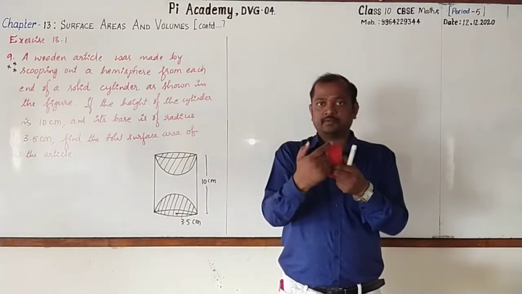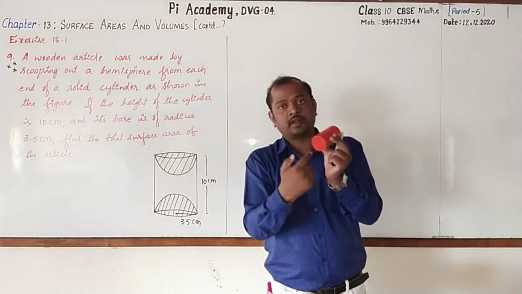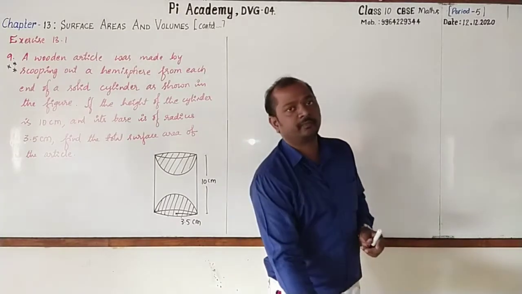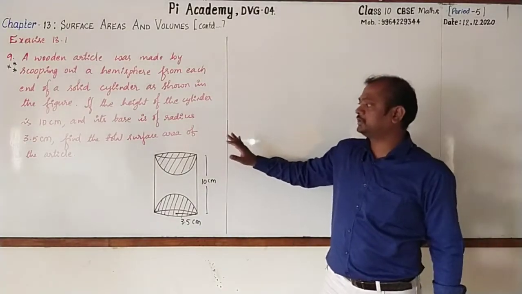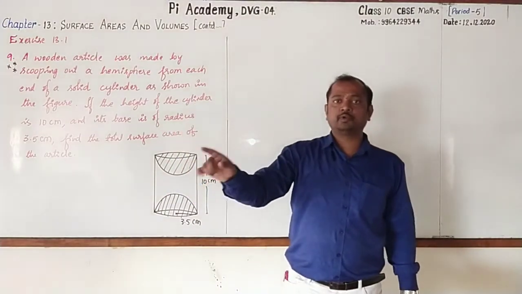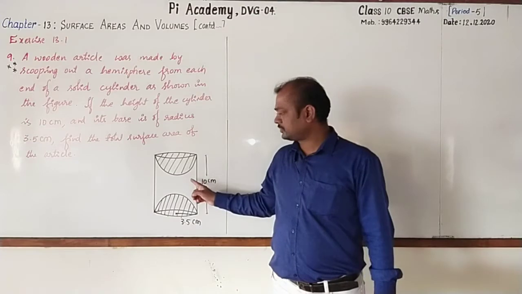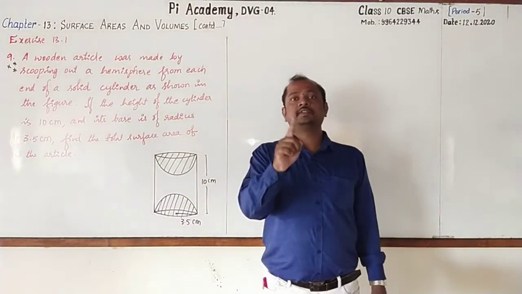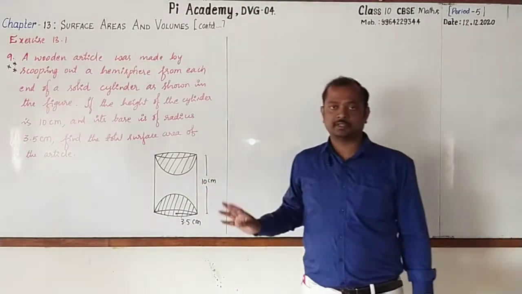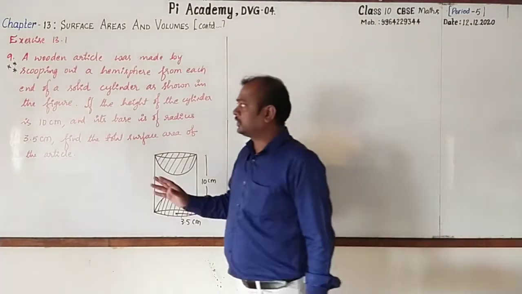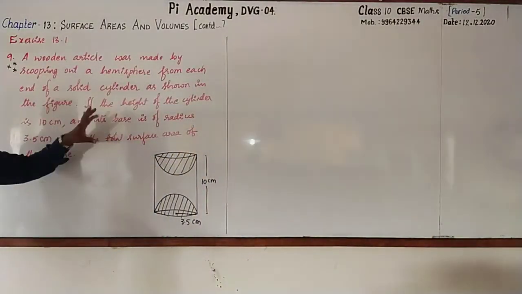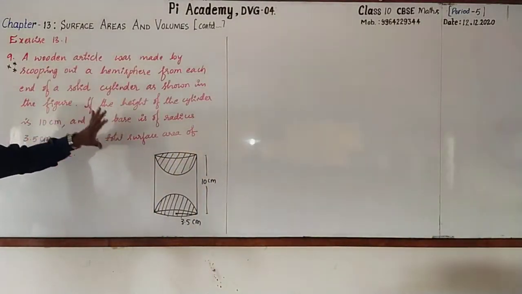So CSA of hemisphere. Here also CSA of hemisphere. Hence the total area of the remaining solid can be found out as CSA of cylinder plus CSA of 2 hemispheres. Follow? Okay.